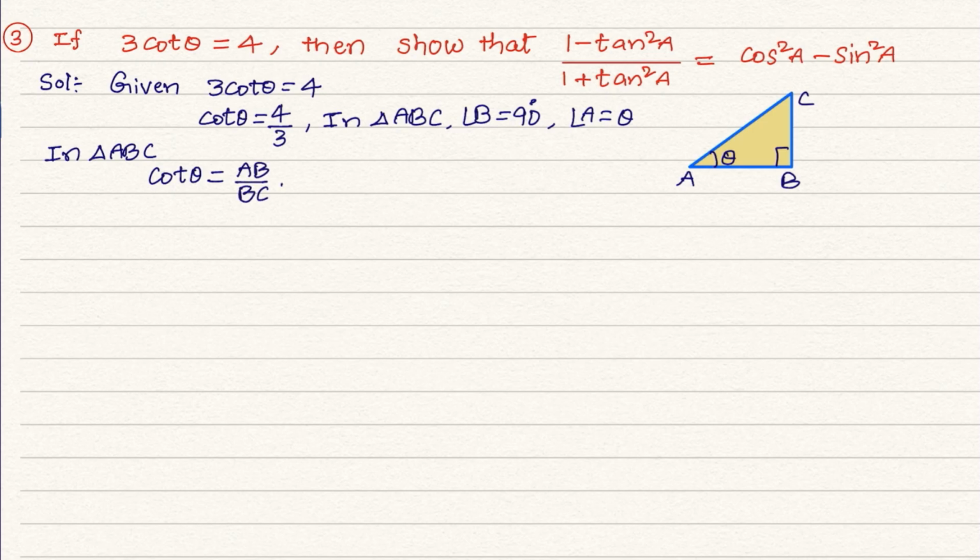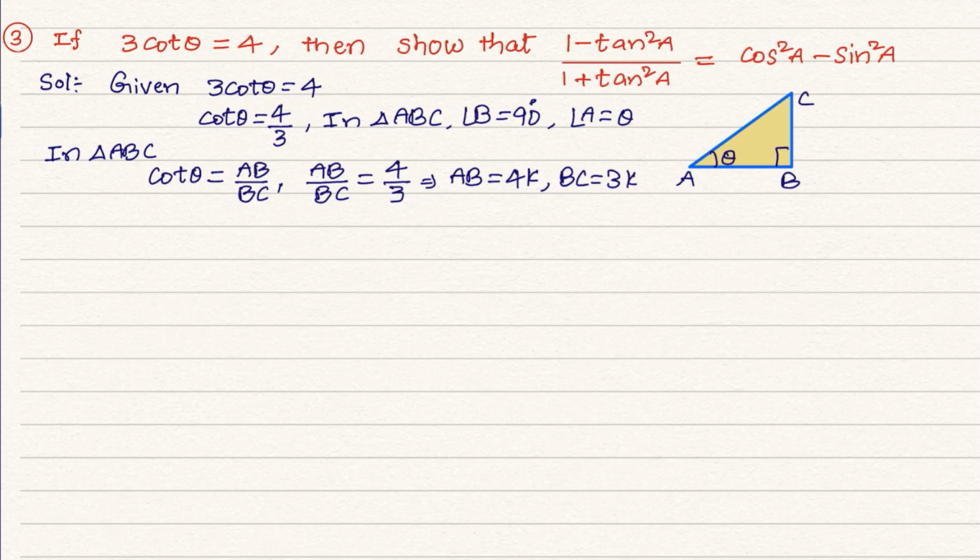Now from these two, cot theta is equal to 4 by 3 and cot theta is equal to AB by BC. We can write AB by BC is equal to 4 by 3, which indicates AB is equal to 4K and BC is equal to 3K.